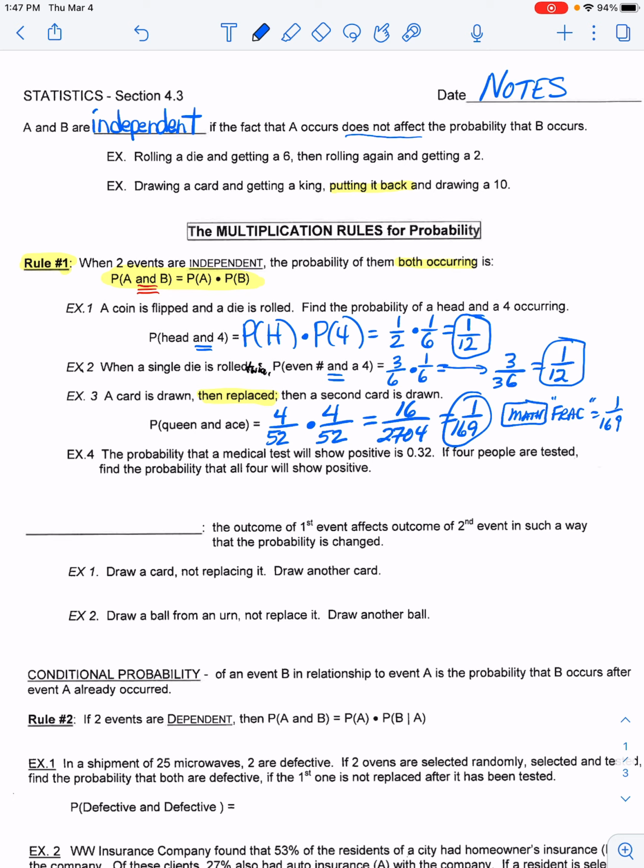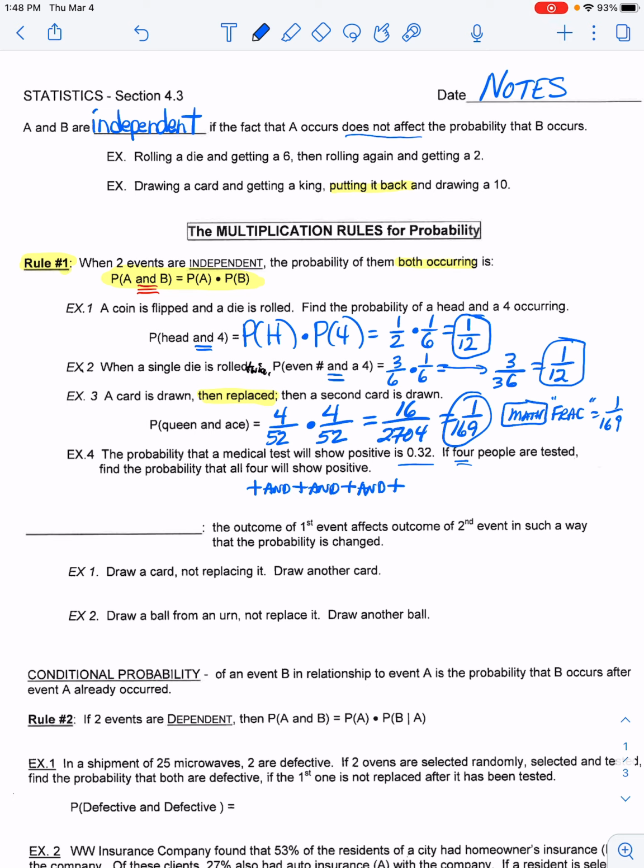Okay? All right, example 4. The probability that a medical test will show positive is 0.32. If 4 people are tested, find the probability that all 4 will show positive. My thinking on this one is, as I read it, I need a positive and a positive and a positive and a positive.